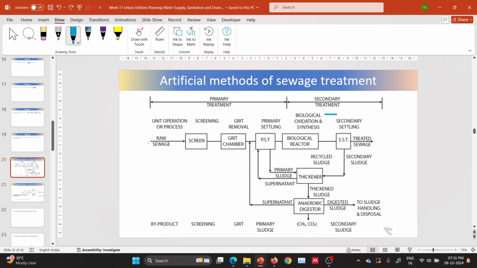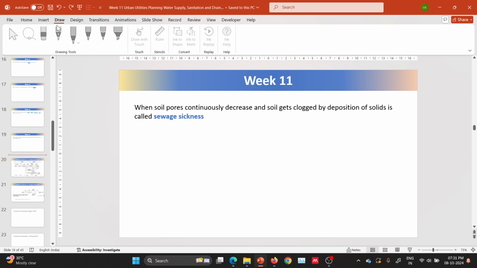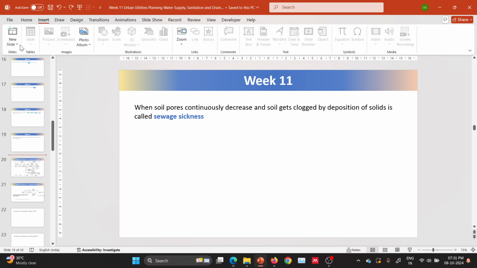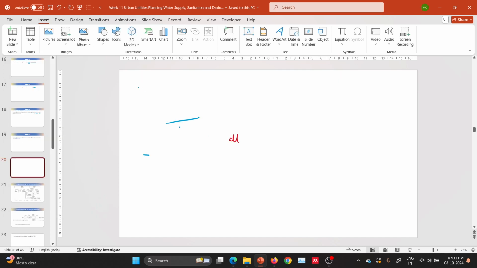Like we understood how sewage is getting produced, let's understand one more time, very briefly. From the city, let's take the example of an elevated water supply tank.